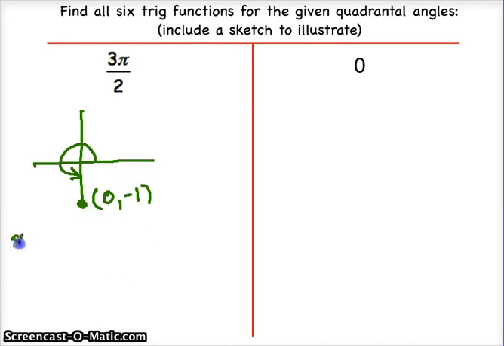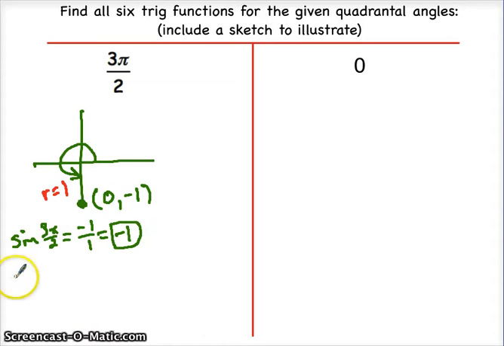And so using our idea of sine of 3 pi over 2 being the y-coordinate on our unit circle, we can call that -1. Or if you do y over r, remember that we're directly 1 unit downwards, so that's still -1.